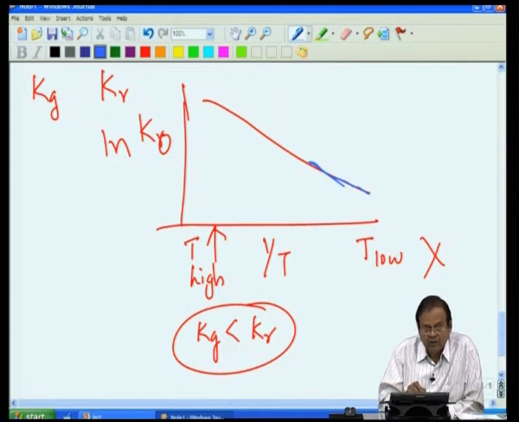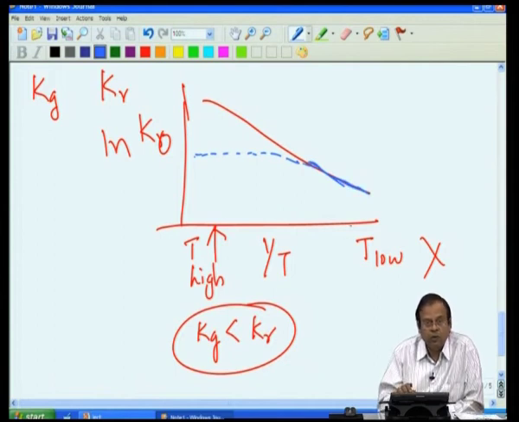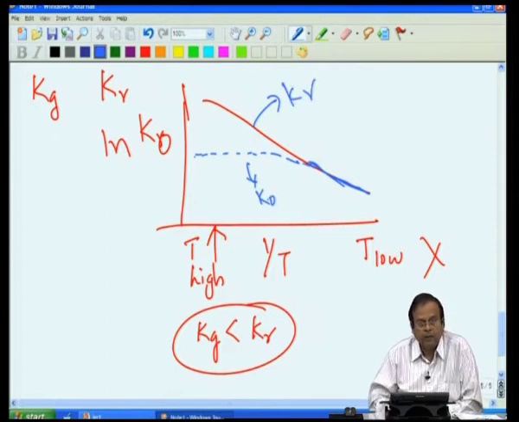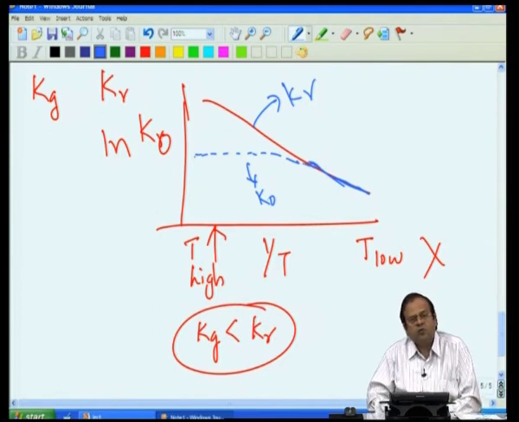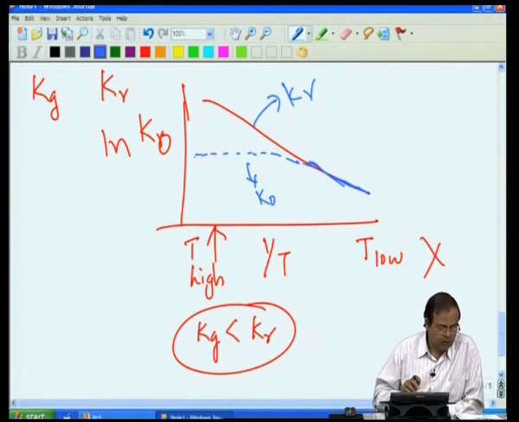But as I increase the temperature, the mass transfer will start becoming limiting and my measured reaction rate will deviate from the true constant. So, this is my Kr, this is my K naught. Mass transfer coefficients are typically very weak functions of temperature, unlike the reaction rate constant, which is an exponential function.